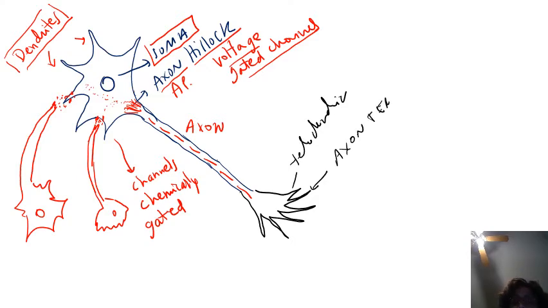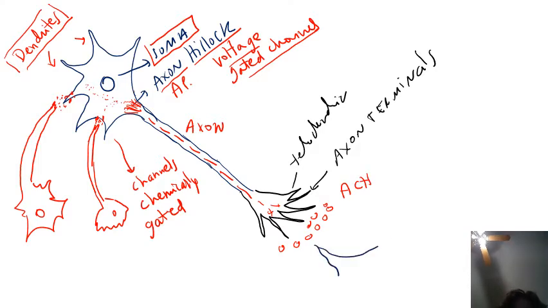The axon terminals are the place where the neurotransmitter will be secreted in response to the action potential. The next neuron or the effector organ, the receptor region will bind to the neurotransmitter.